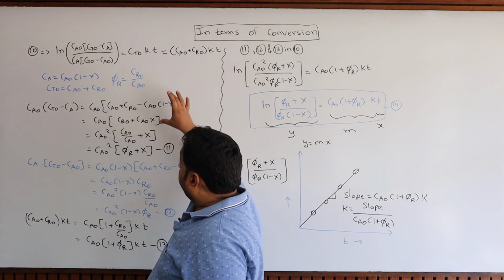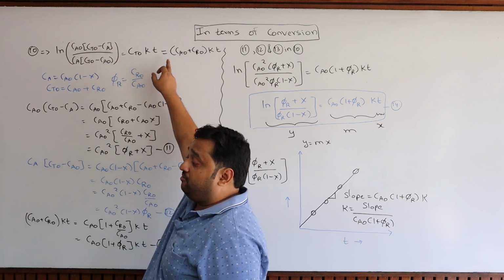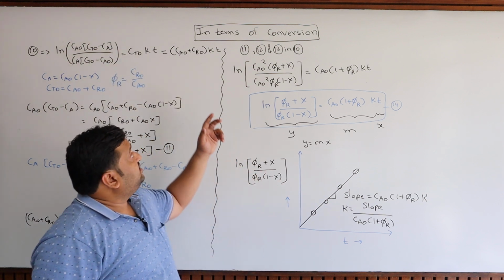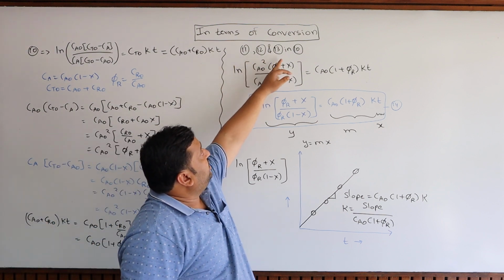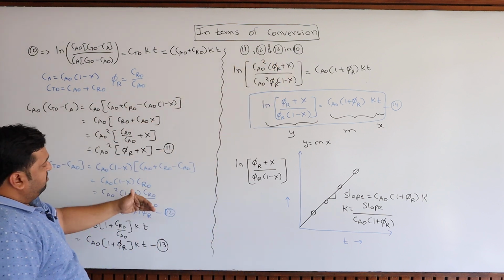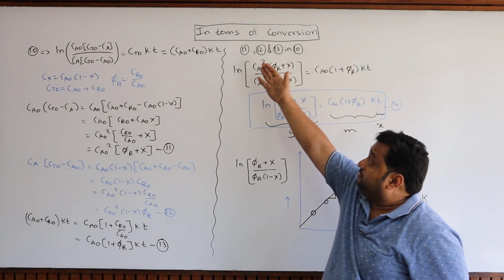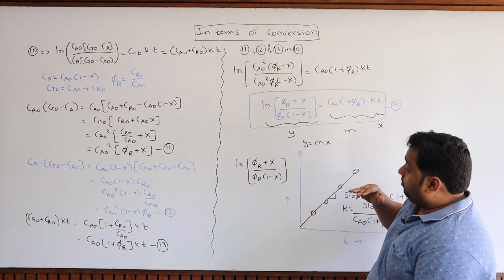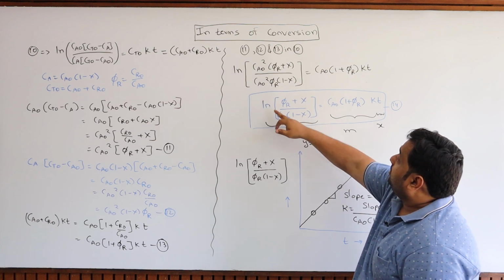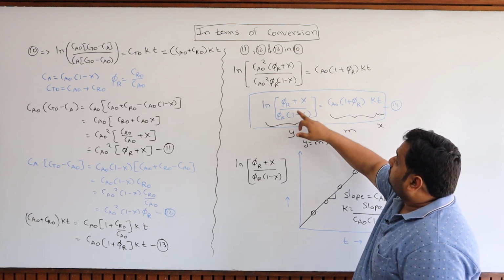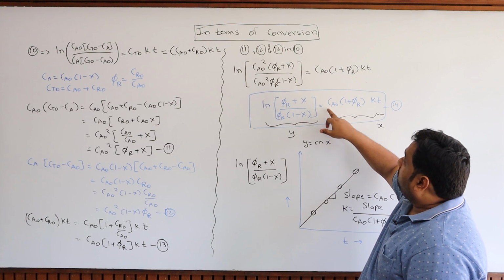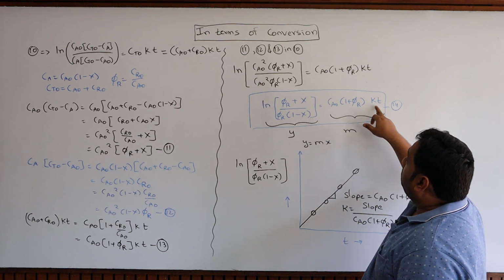Now, I have got the numerator, the denominator, and the right hand side expression. Simply I substitute these values, equations 11, 12, 13, in equation 10, and you are going to get ln of phi r plus x by phi r into 1 minus x, equal to Ca0 into 1 plus phi r into k into t.